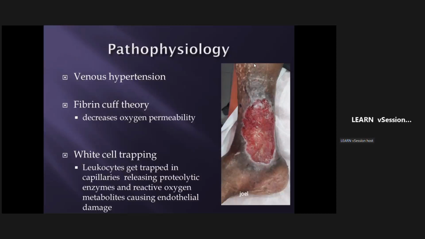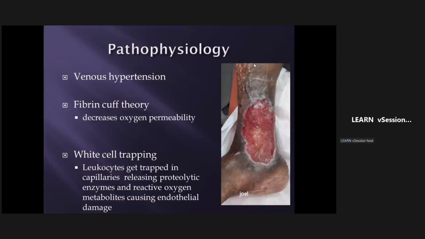And why they don't heal? Some examiners may ask you why the ulcers due to chronic venous hypertension do not heal. There are various theories. First, venous hypertension itself results in accumulation of fluid and tissue edema, and the fluid keeps on oozing, so they don't heal.